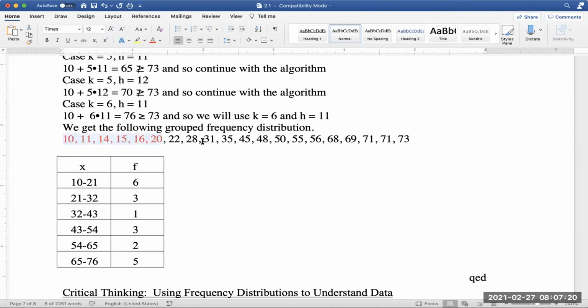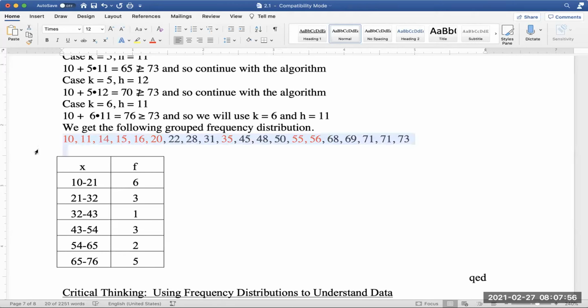Between 21 and 32, there are 3 numbers. Between 32 and 43, that's just 1 number. Between 43 and 54, there are 3 numbers. Between 54 and 65, there are 2 numbers. And between 65 and 76, there are 5 numbers.